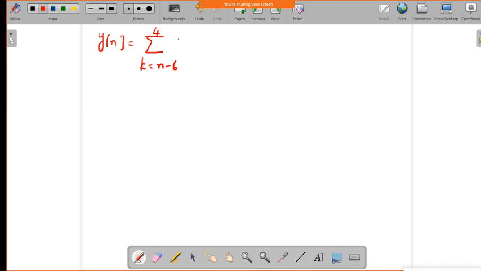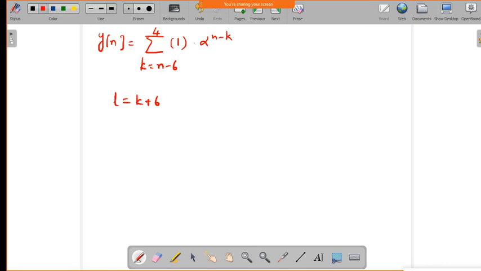Again x of k will be 1 and you will have alpha power n minus k. Now you can put L equal to k plus 6, so that you can put it in an expressible form. So whenever k becomes equal to 6, it is n minus 6.